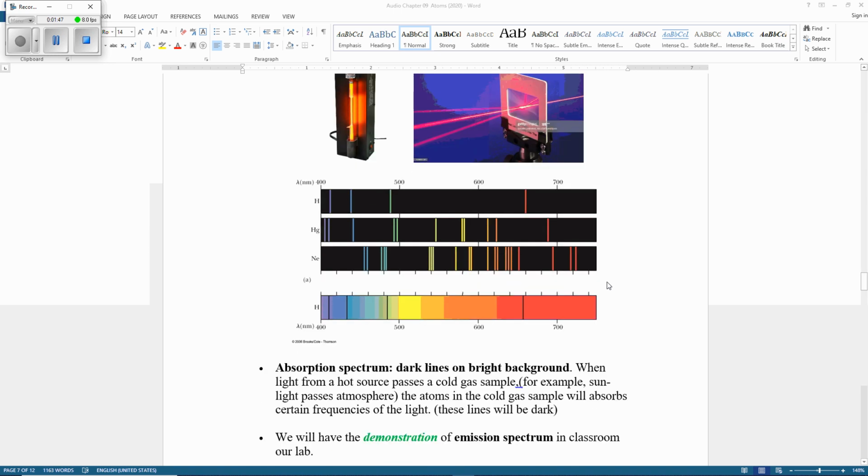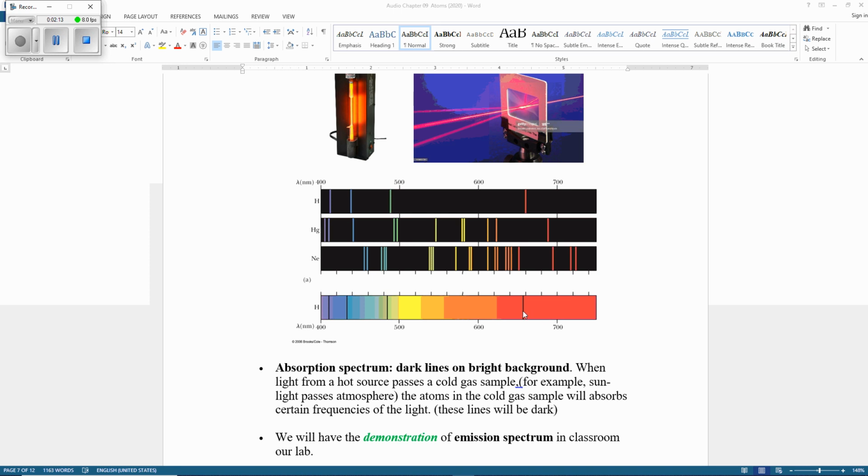Now this one we call the absorption spectrum, in which you see dark lines on a bright background. For example, if you watch sunlight, well, you need some protection, like wearing sunglasses, you find a few lines missing. Why?